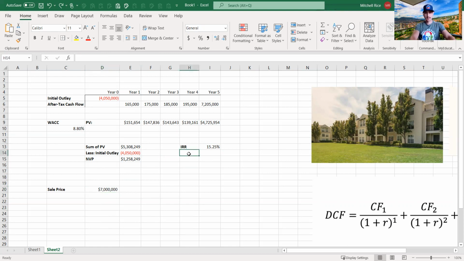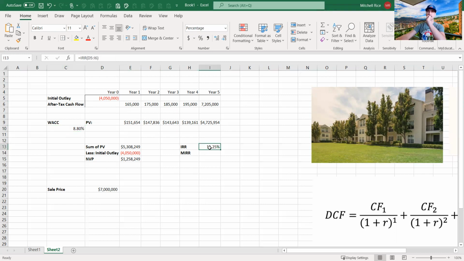I guess I'll just throw this in. It's not super important, but MIRR apparently is a little bit more bulletproof because IRR has a weak spot. It assumes that each of these cash flows is reinvested at your discount rate. So it's assuming that each of these cash flows can be reinvested to make 8.8%.